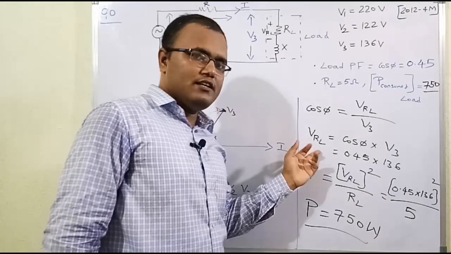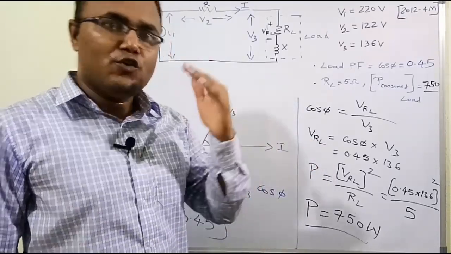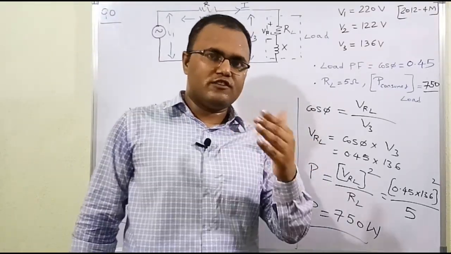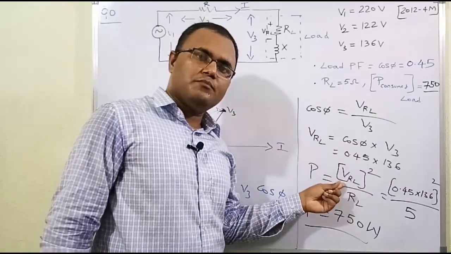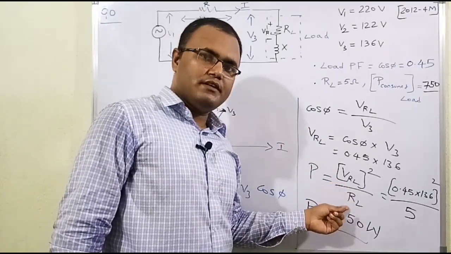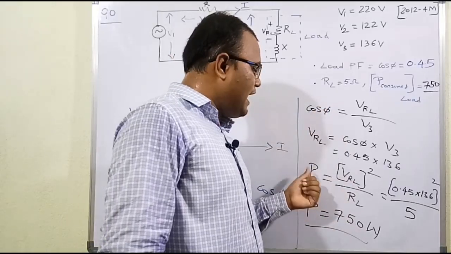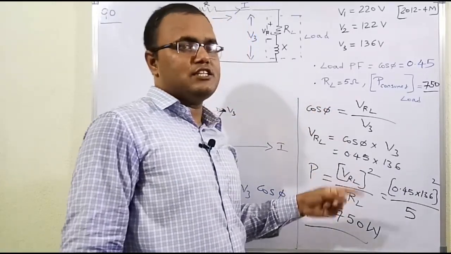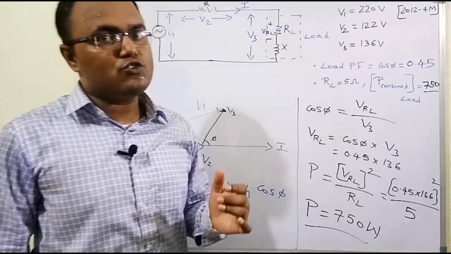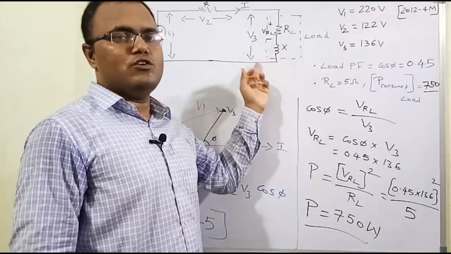The power consumed by a resistor is V square by R, and I am using that formula. The voltage across the resistor part is known, and the value of the resistance is already given in the numerical, so we calculate the power consumed by the resistor, which is equal to the power consumed by the load.